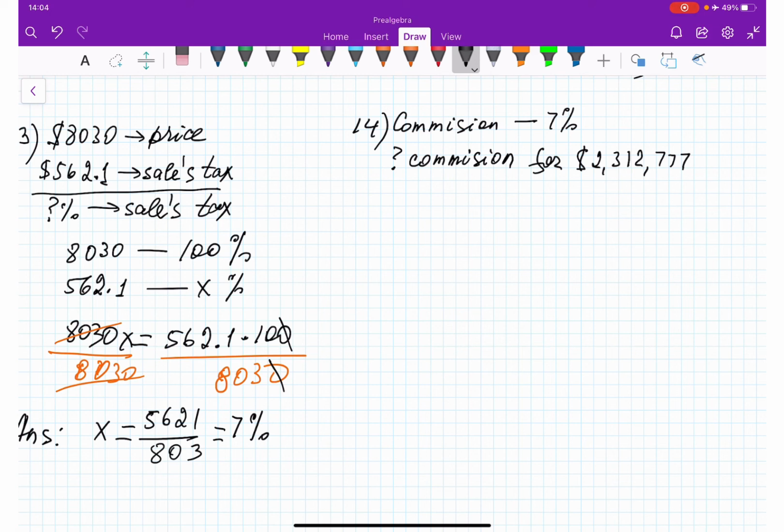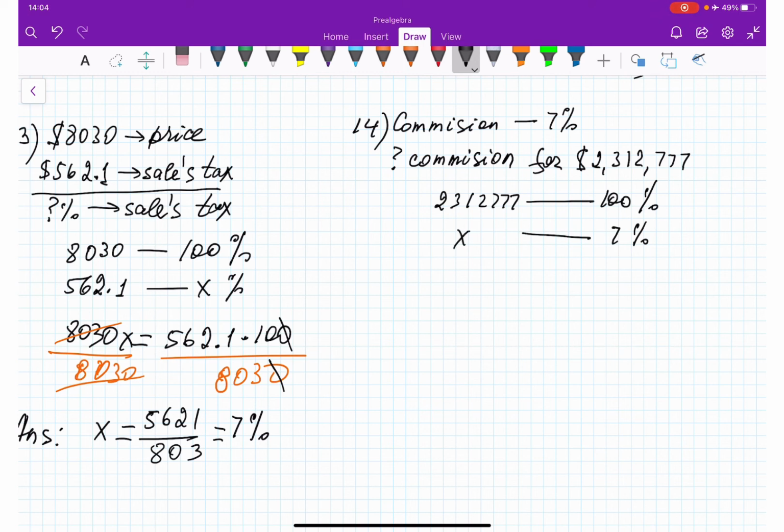Find the commission if she sold 2,312,777. So this 7% is 7% of this 2,312,777, right? So proportion: 2,312,777 is 100%, and 7% here is going to be equal to X.